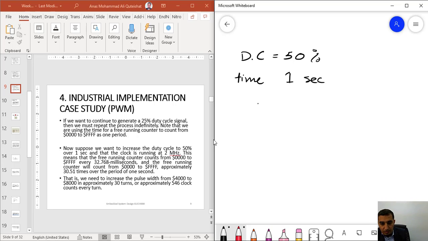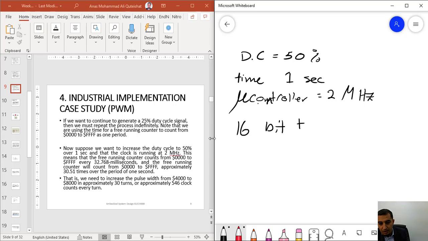The microcontroller clock is running at 2 megahertz, and we are using a 16-bit timer, and that's it.